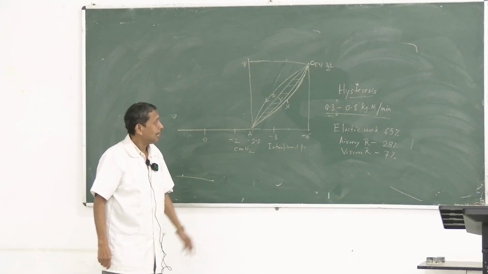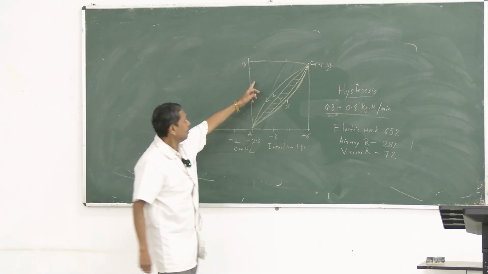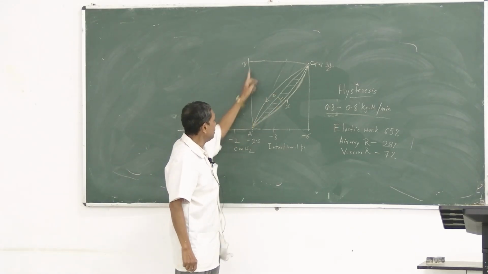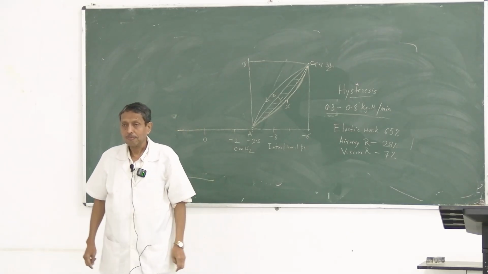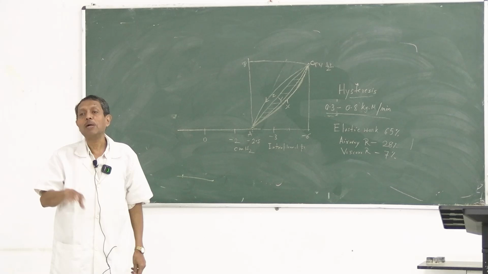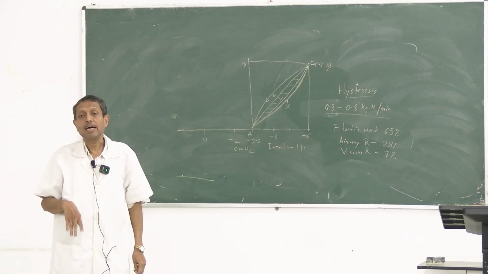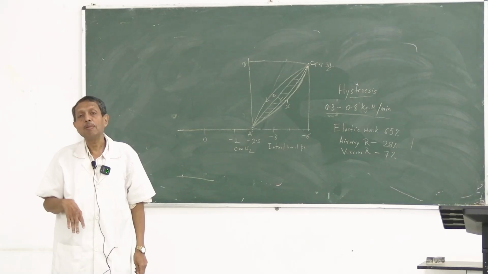Now you see that during inspiration, the work done is this part, AYCBA, this triangle. Volume multiplied by pressure is equal to the dimension of work.